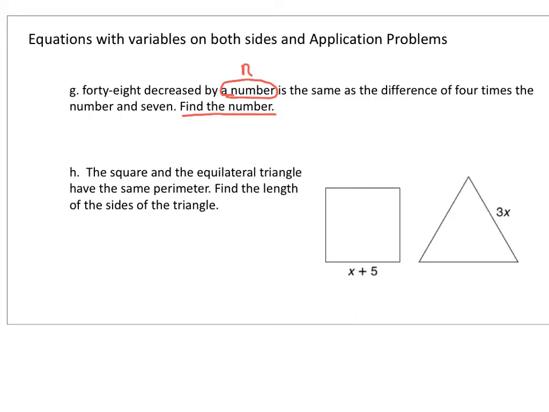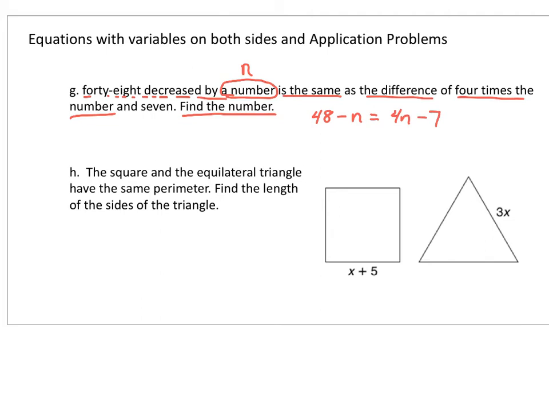And then we could just write the equation from the problem. So 48 decreased by a number is the same as, equals, the difference, so we're going to subtract, of 4 times the number, and 7. We're going to subtract 4n and 7.